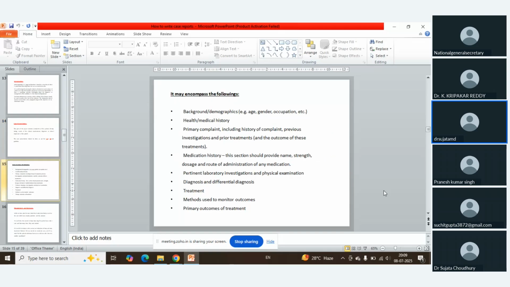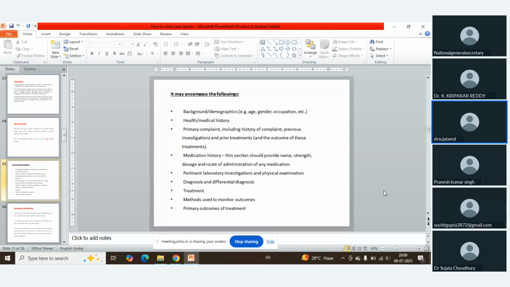In case recording, the background is the demographic data of the patient: age, gender, occupation, habits, habitat. Then health, medical history, presenting complaint, history of the presenting complaint, previous investigations, prior treatments, what he or she has taken for this particular complaint, medication history, and then the laboratory investigation, physical examination, diagnosis, treatment, and the outcomes of the treatment.